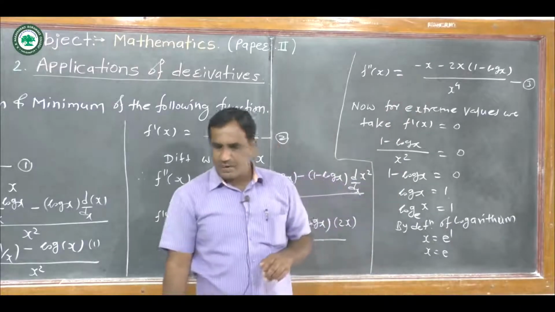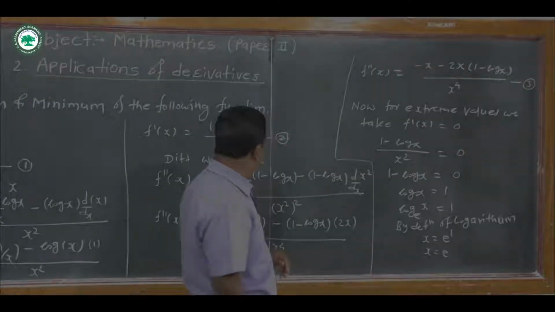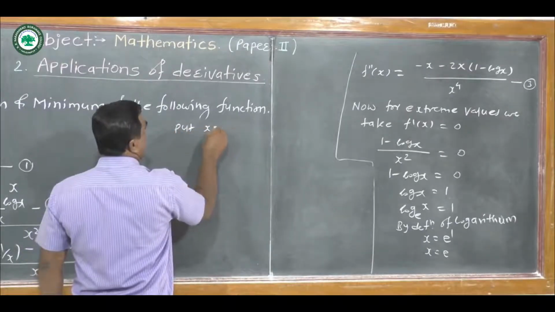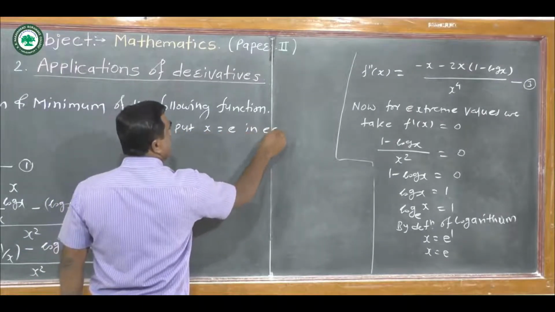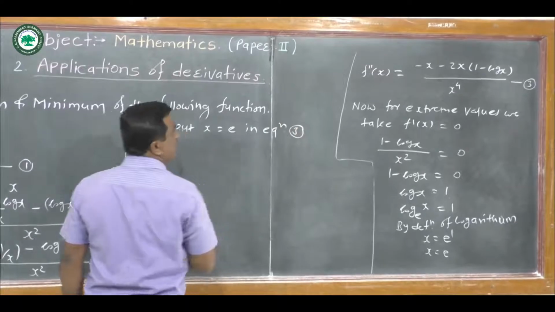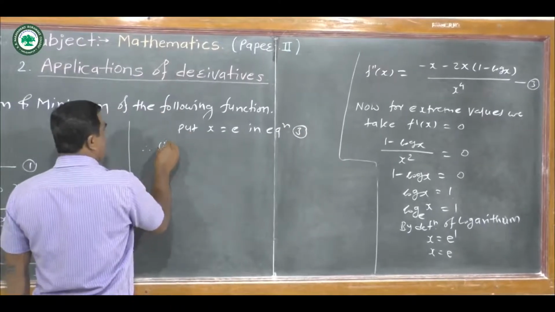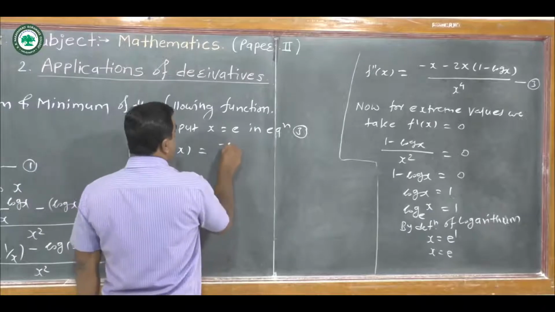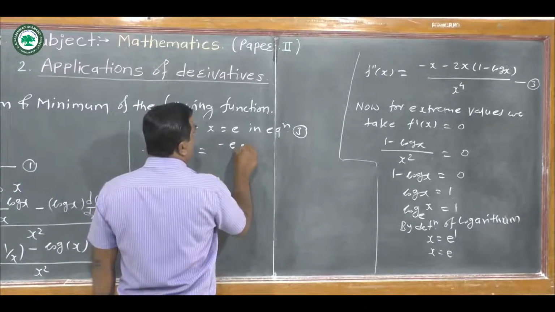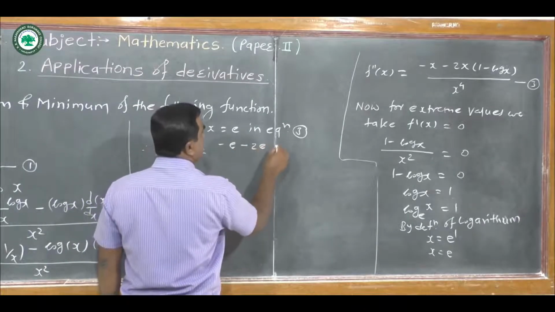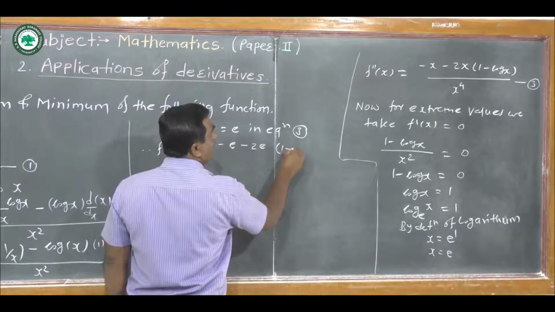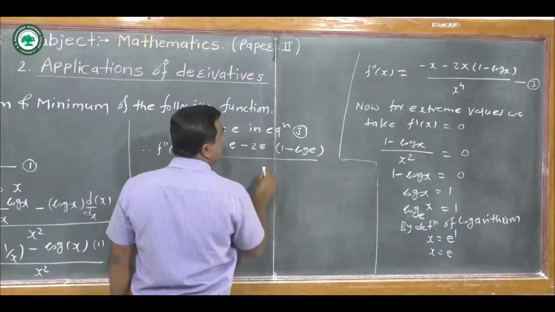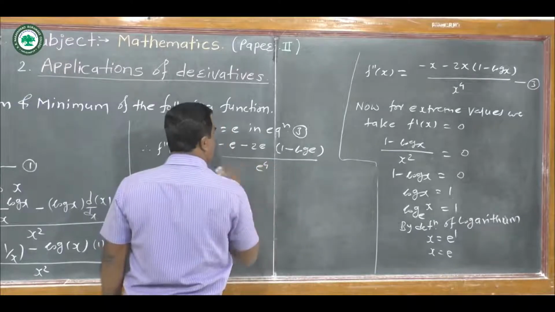We have to find the value of f double dash of x. Put x equal to e in equation third. Therefore, f double dash of x is equal to minus e minus 2 into e into in bracket 1 minus log e, upon e raised to 4.